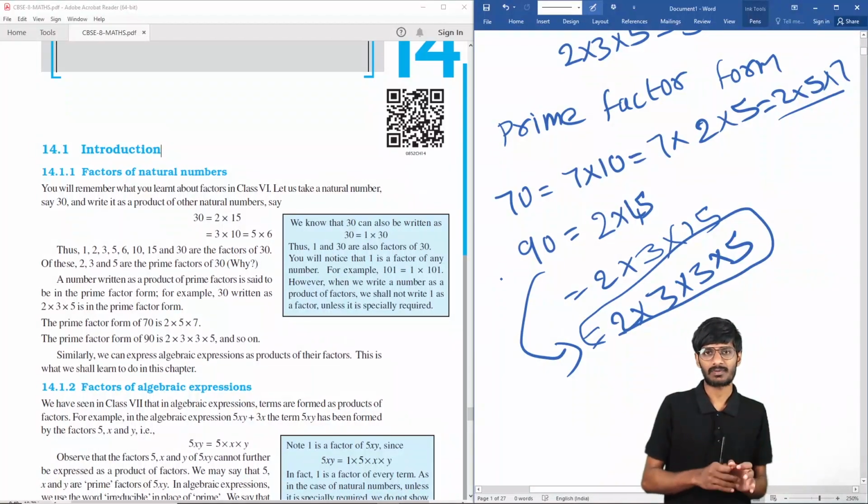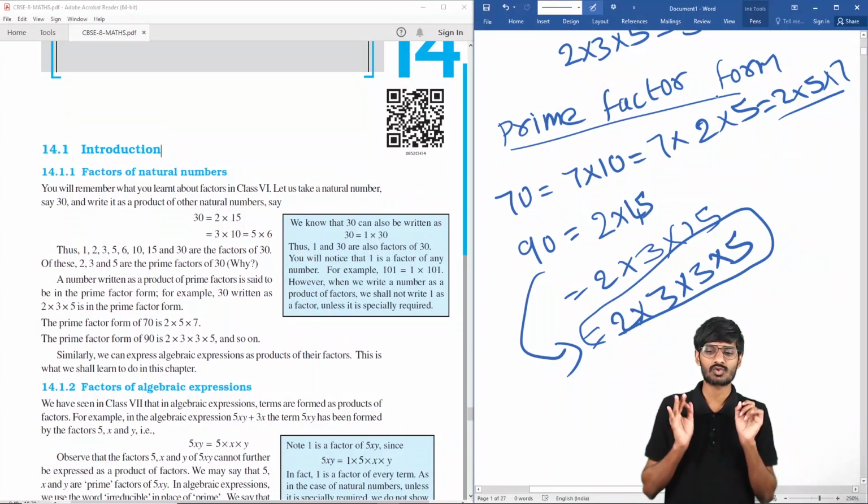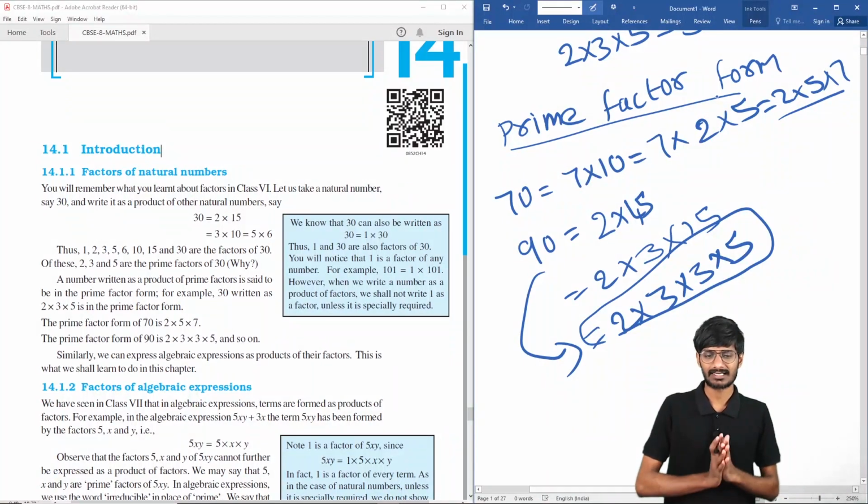So we can express any natural number in terms of factors. And if you use only prime numbers to find the factors, then it is called the prime factor form. So prime factor form contains only prime numbers as the factors.